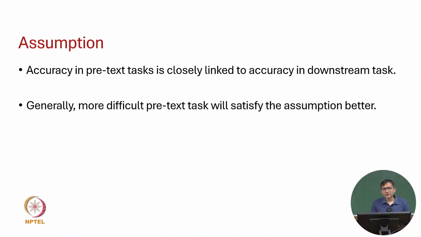The key assumption here is that the accuracy in the pretext task is closely linked to accuracy in the downstream task. So generally, a more difficult pretext task will satisfy this assumption better.